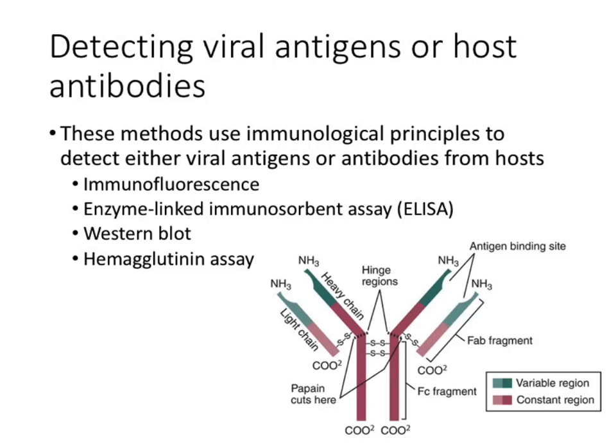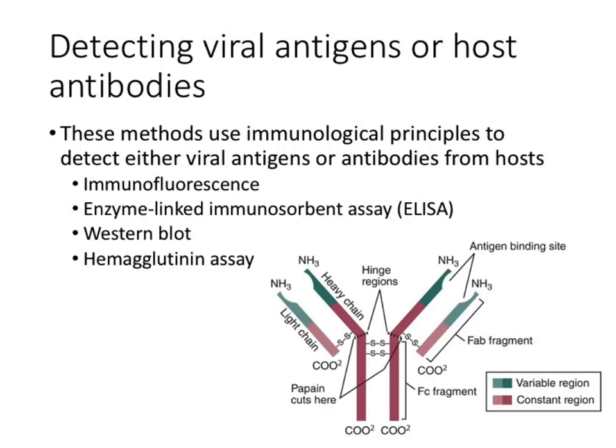Fluorescence obviously refers to glowing light. ELISAs, or enzyme-linked immunosorbent assays, we'll talk about these. Western blots, and then the hemagglutinin assay, which to some extent can be used for antibody testing. I'm not sure exactly why I listed it here, though.